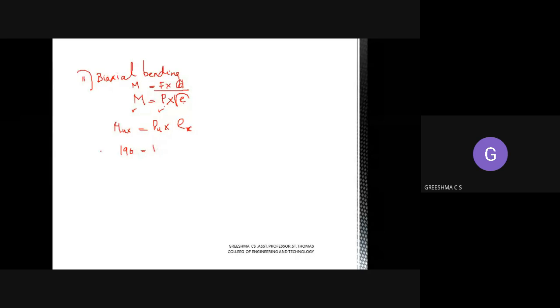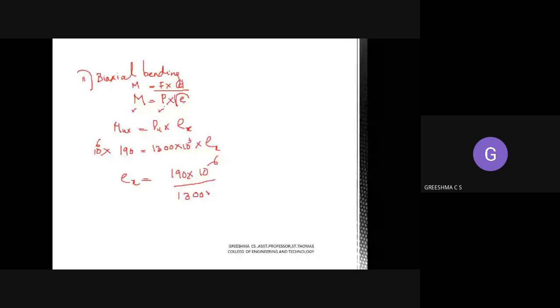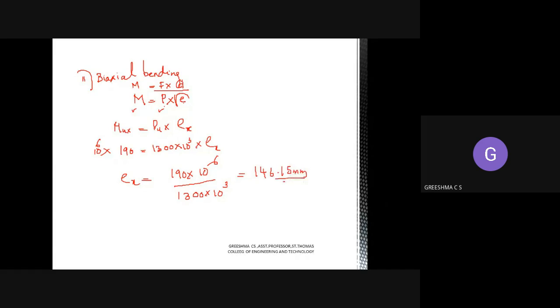So 190 into 10 raised to 6, converting into Newton mm, and the load is 1300 into 10 raised to 3 into ex. So eccentricity along the x direction is 190 into 10 raised to 6 divided by 1300 into 10 raised to 3. So you will get around 146.15 mm.